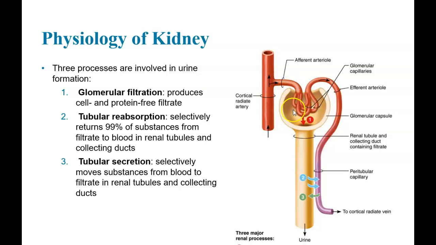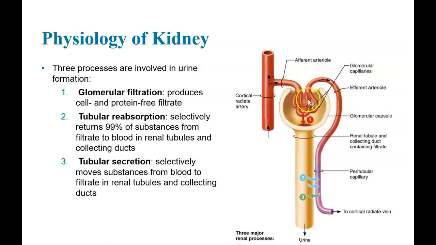So the red blood cells do not exit the glomerulus. They continue to the efferent arteriole. Okay, so this one's called afferent arteriole because this is where the blood arrives at the glomerulus. And then there's an efferent arteriole, which is where the blood exits the glomerulus and returns to the circulatory system.